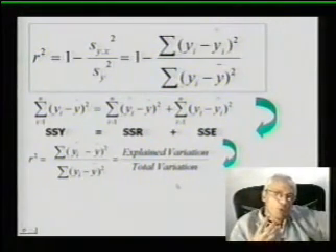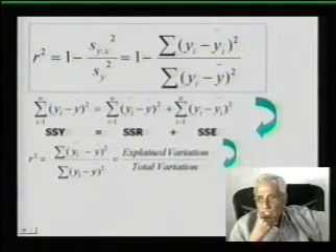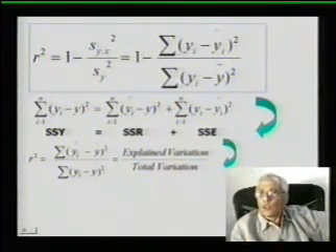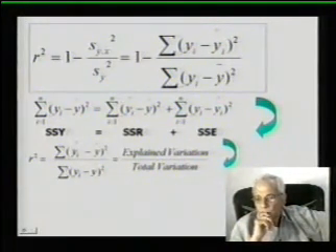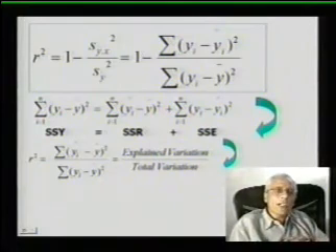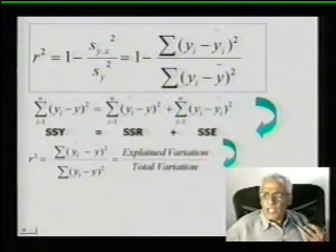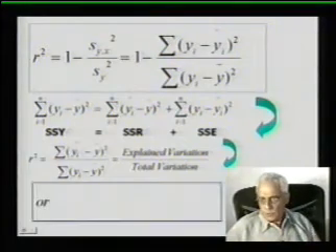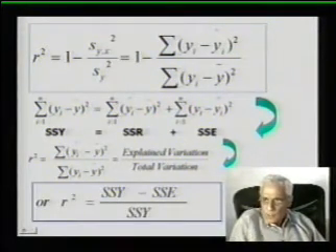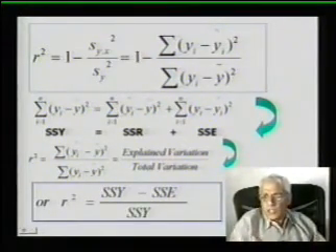That is the ratio between the explained variation by the model and the total variation of the data. So R squared will give us an index of how much X explains Y. That's a different way to define R squared.